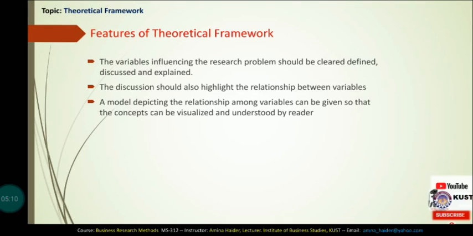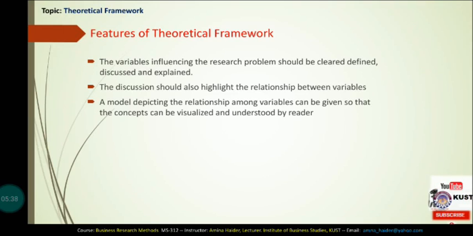So, we would now be discussing the features of theoretical framework. The variables influencing the research problem should be clearly defined, discussed, and explained. Now, see, a theoretical framework provides a rationale for predicting the relationship among variables of the study.